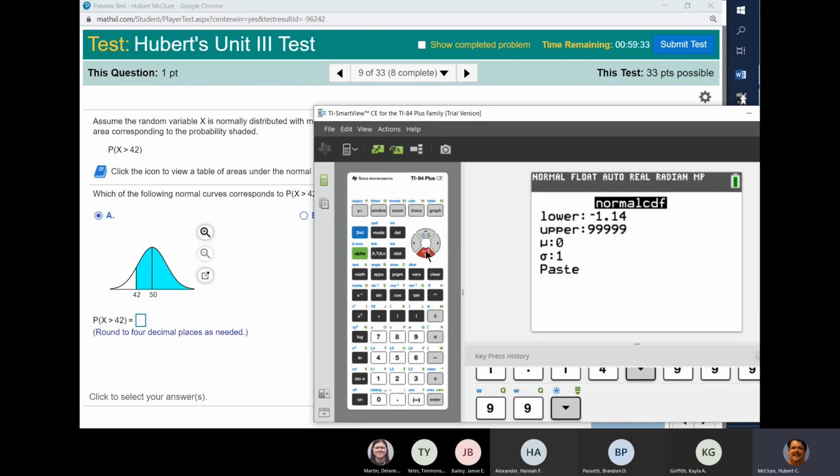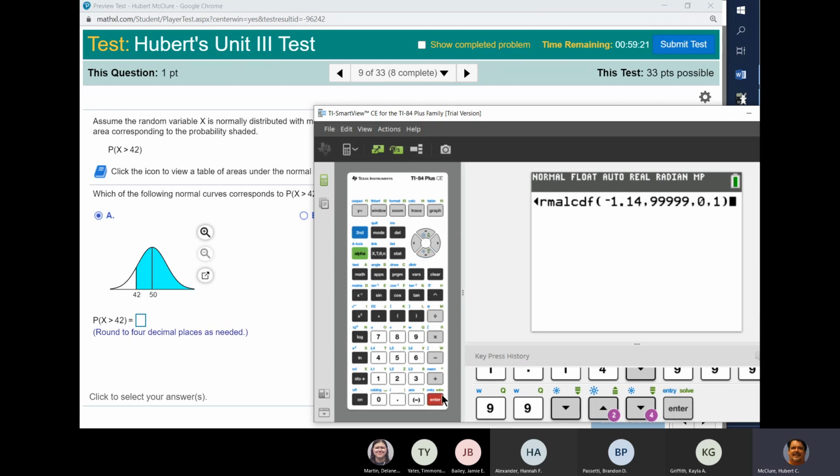And of course, if you have a newer calculator, you would type in 42 right here, and you would type in 50 and 7 right there. 0.8729. So this area in green is 0.8729.